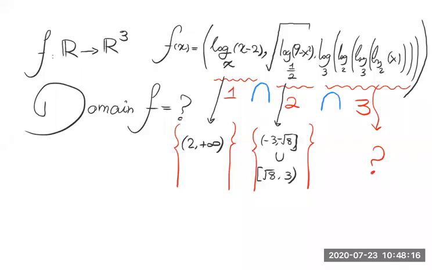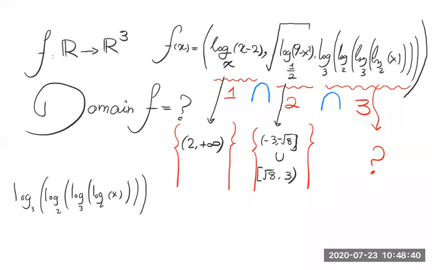That is correct. Okay, here we have log in base 3 of log in base 2 of log in base 3 of log in base 2 of x. Whenever we are taking log of something, that thing should be positive.